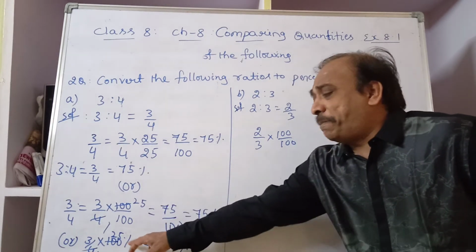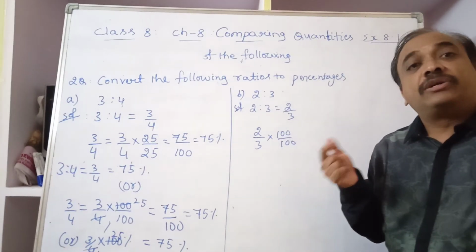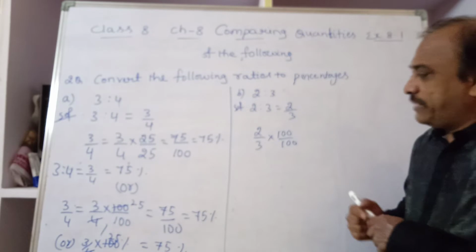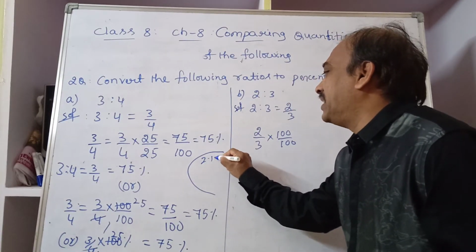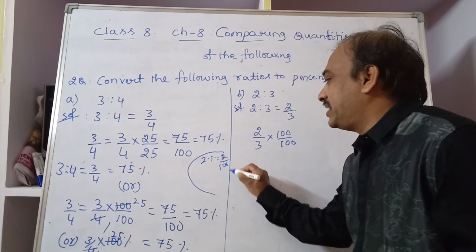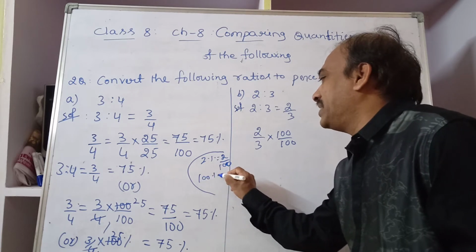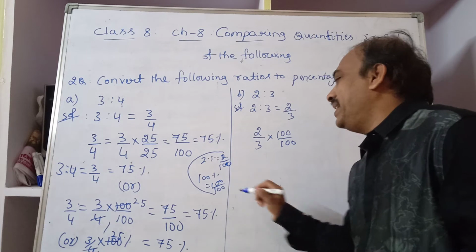Both are the same, this and this. Here I wrote 100 by 100, here I wrote 100%. Percent means what? By 100. 2%, how do you write? 2 by 100. Similarly, here I am writing. 100% means what? 100 by 100.